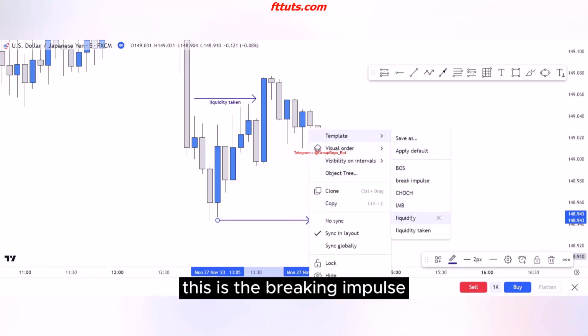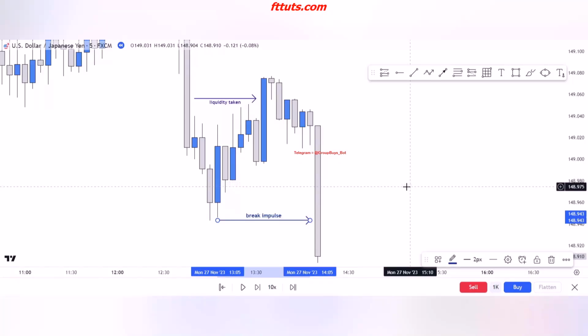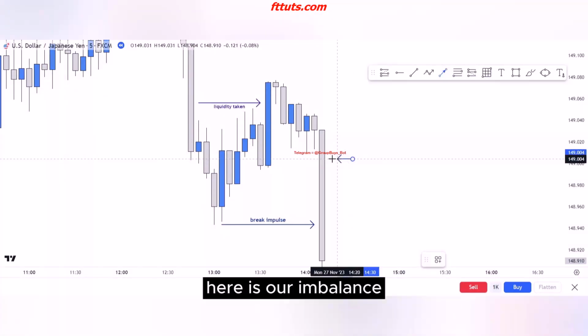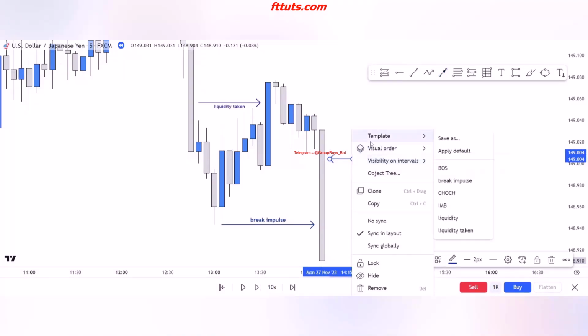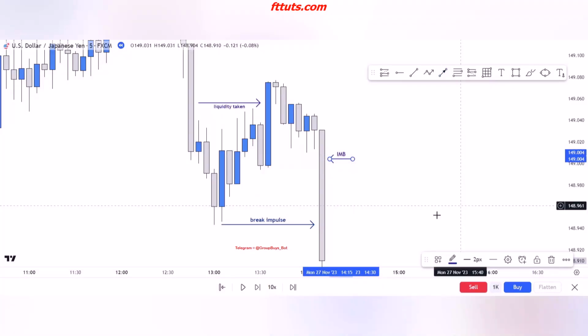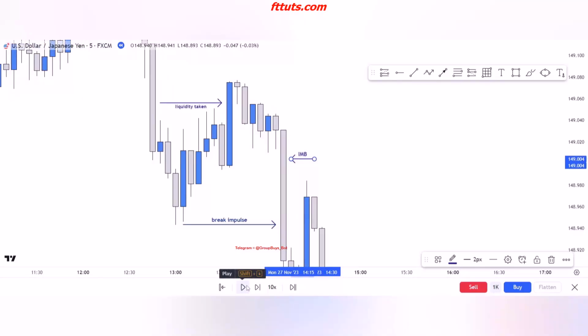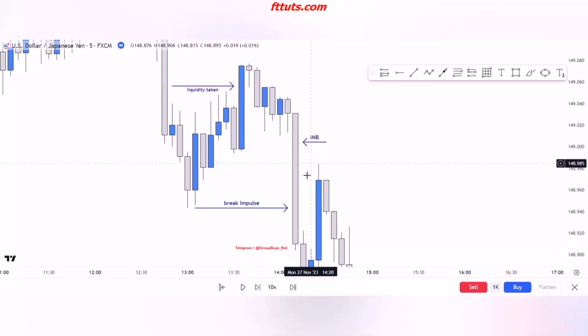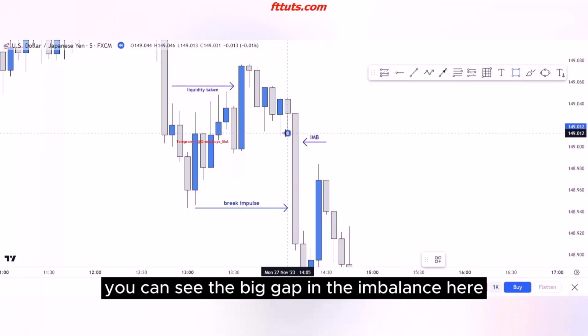This is the break impulse. Here is our imbalance. You can see the big gap in the imbalance here.